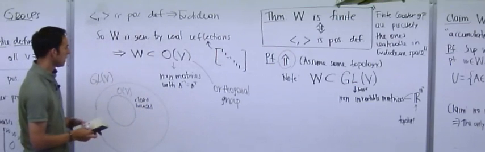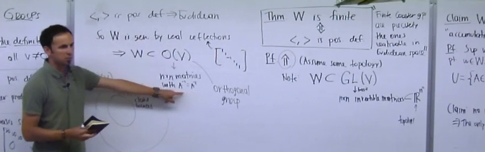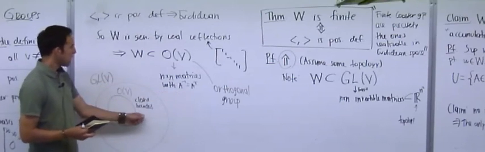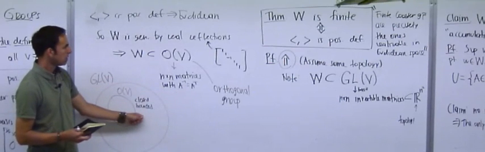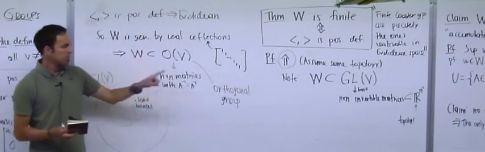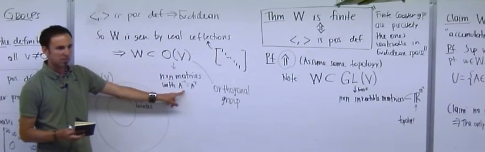Why is it closed? Because basically it's defined by an algebraic equation. Why is it bounded? Because if you think about what this means, it means that the columns of this matrix are orthonormal, and that means that they have length 1.